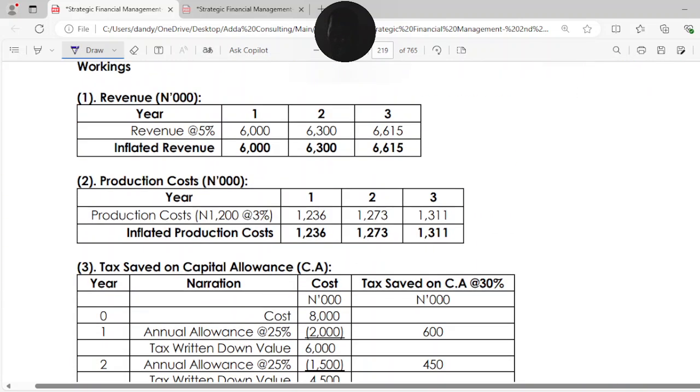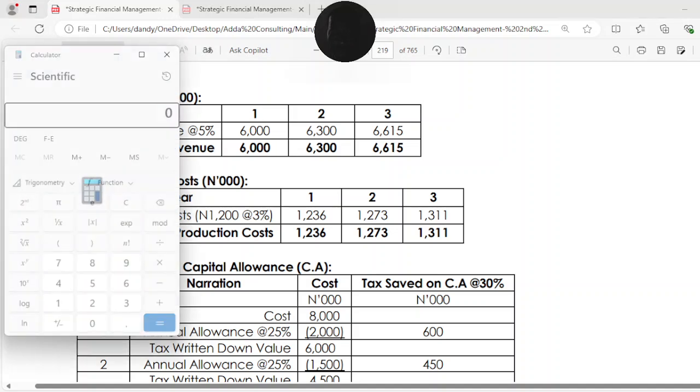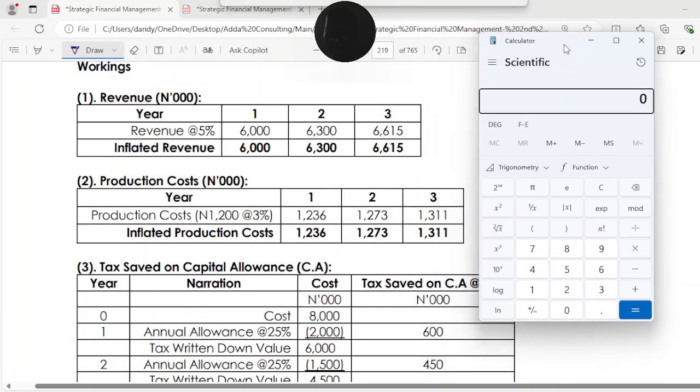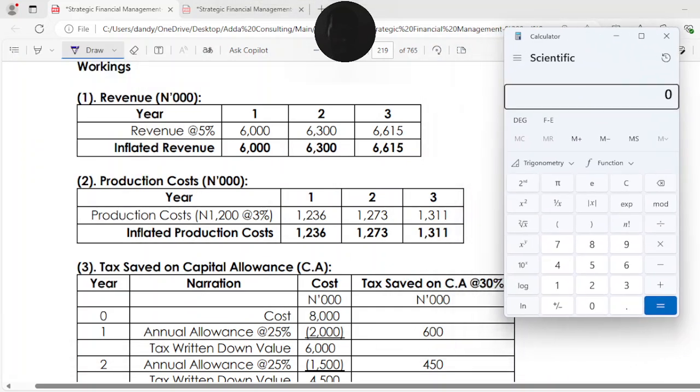Now, for me to do the working for revenue, I will bring out my calculator. I want to inflate revenue. How am I going to do this? Simply because our revenue of 6 million naira is in first year prices, meaning that you should start inflating from year 2. Therefore, I will pick my inflation rate of 5%.